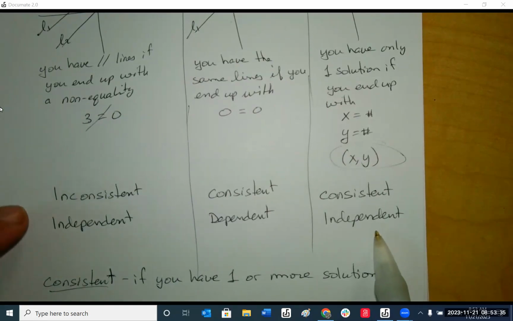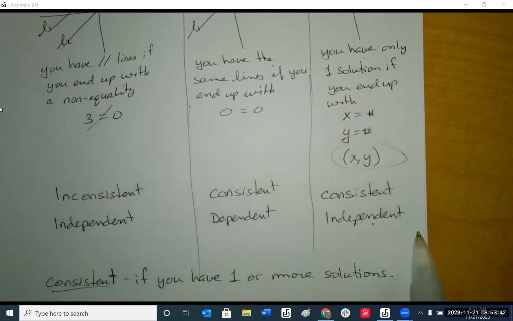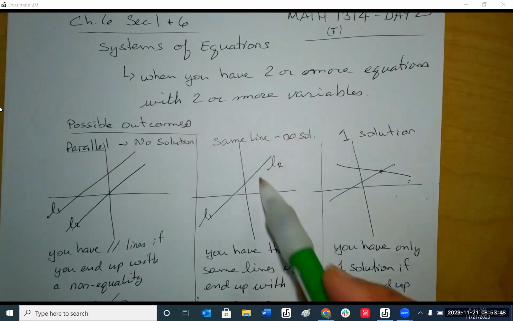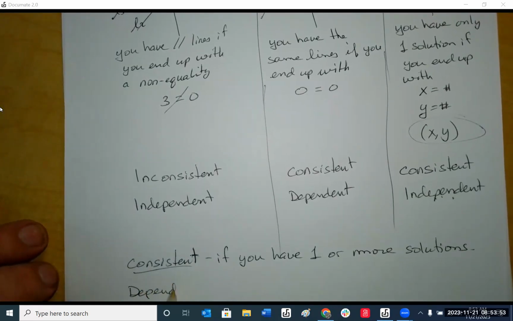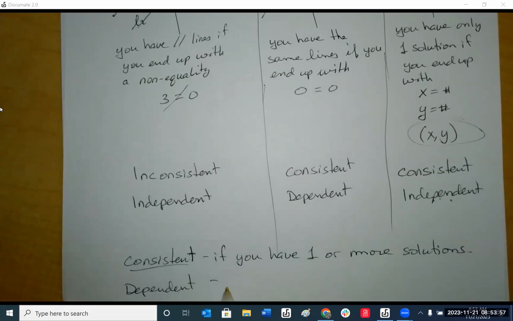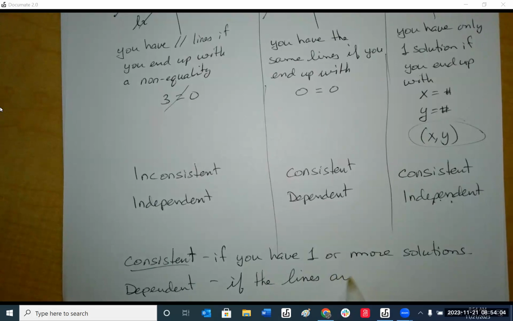But if they have only one solution or no solutions, they're independent because the lines travel independently. So dependent is if the lines are the same.